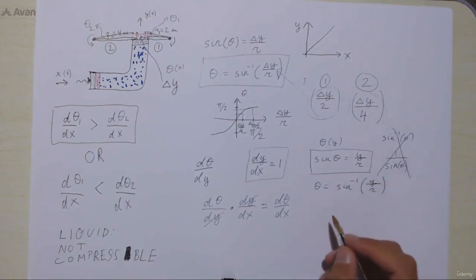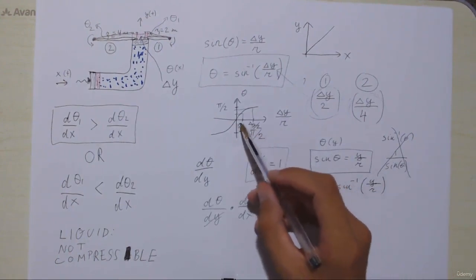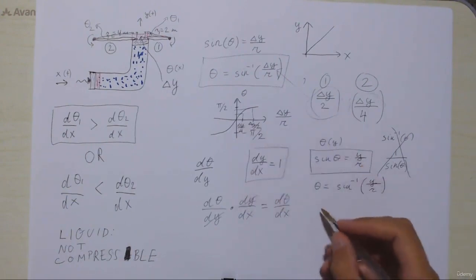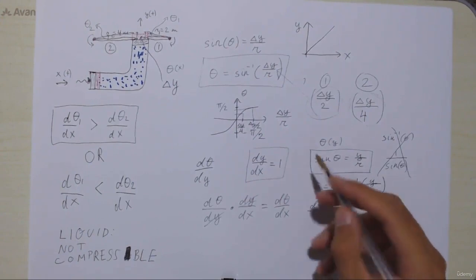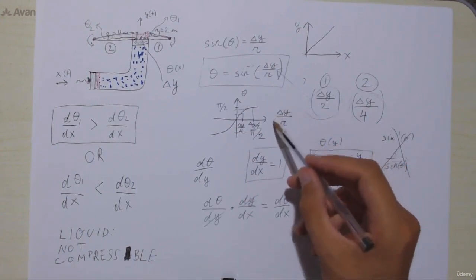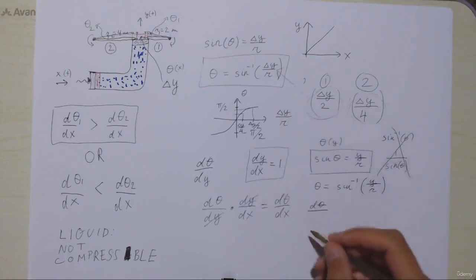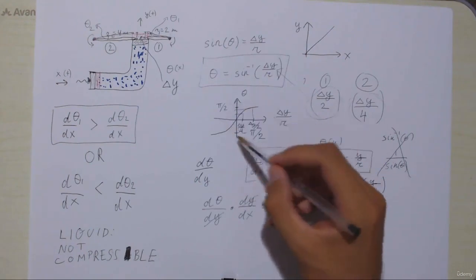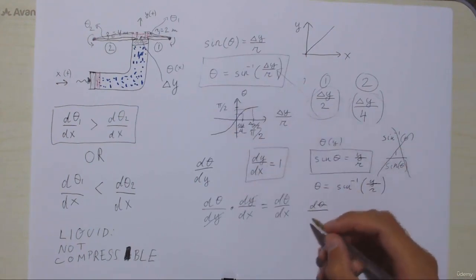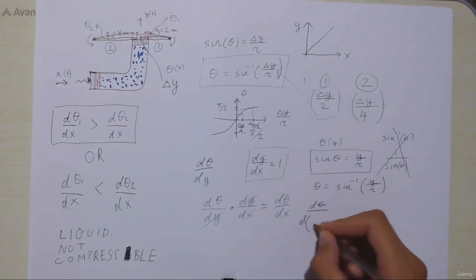And then we know that from this inverse function here, we can calculate d theta over, but now remember, the domain is y over r, it's not y. So if we were to take the derivative of this function, then we would have something like this: d theta over d y over r.